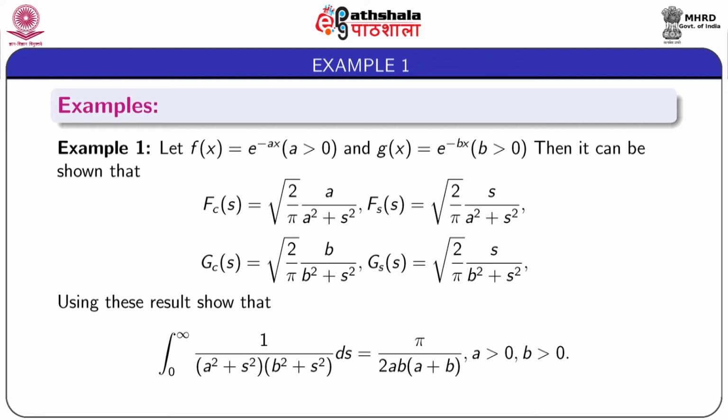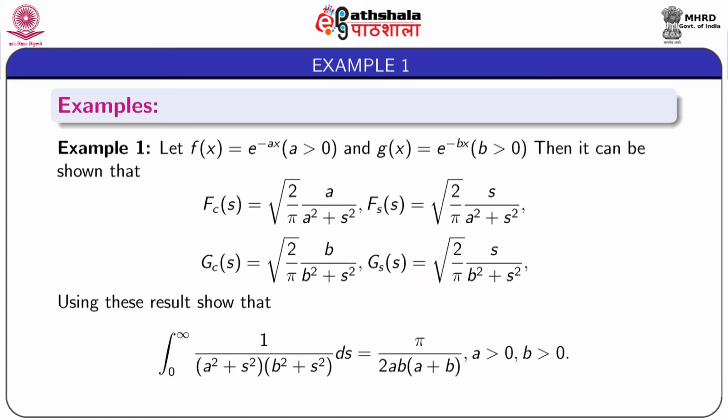We know the formula, and that gives capital Fc(s) equal to root over 2 by pi, a by a square plus s square, and capital Fs(s) is equal to root over 2 by pi, s by a square plus s square, and similarly capital Gc(s) is root over 2 by pi, b by b square plus s square, and capital Gs(s) equal to root over 2 by pi, s by b square plus s square.